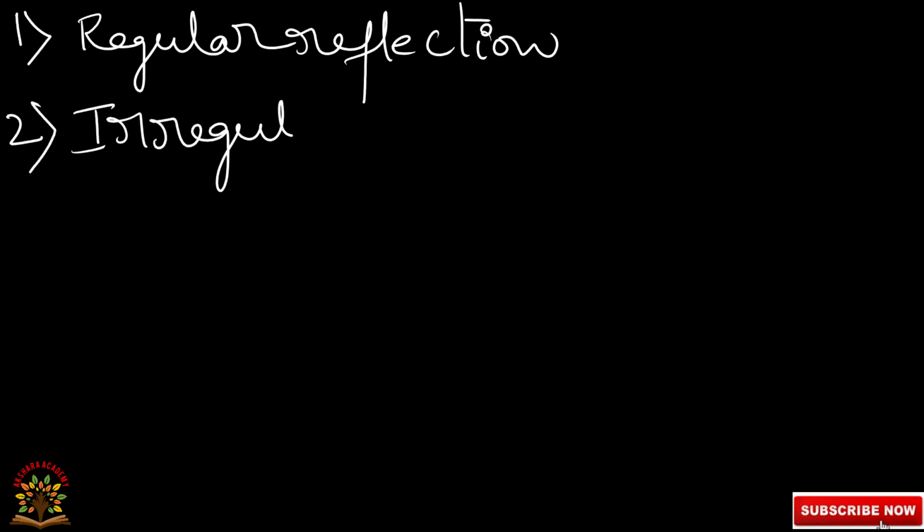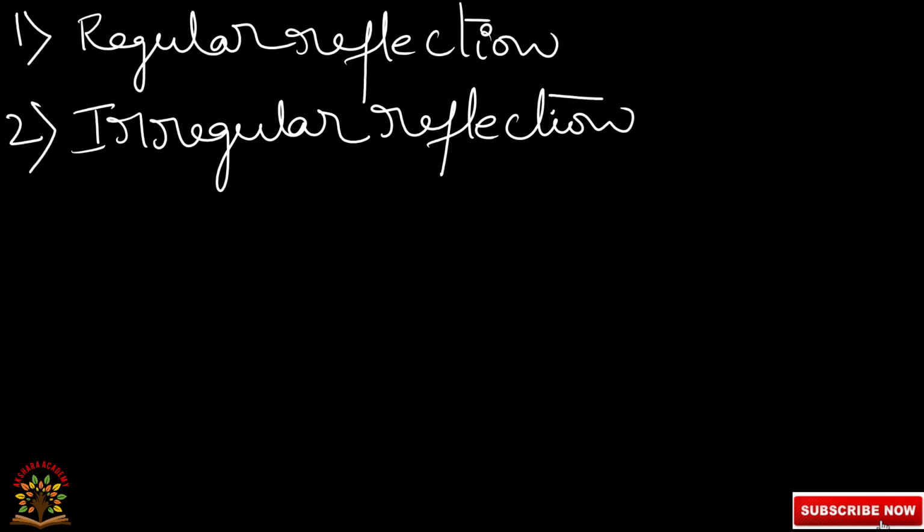Next, there are two kinds of reflections. One is regular reflection, and the second one is irregular reflection.